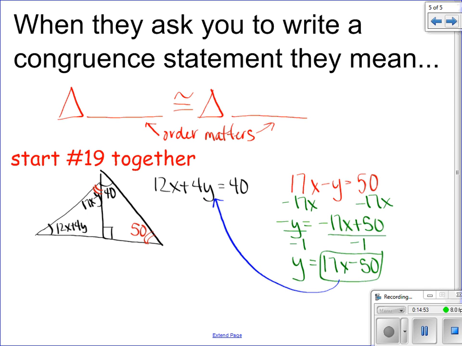So this equation now becomes 12x plus 4 times 17x minus 50 equals 40. Because instead of writing y, we wrote what y was equal to. We solved for it in the other equation. Now you just have one variable and you can solve for x. Once you have x, you can find y. So that's how you're going to start that one. Any questions?